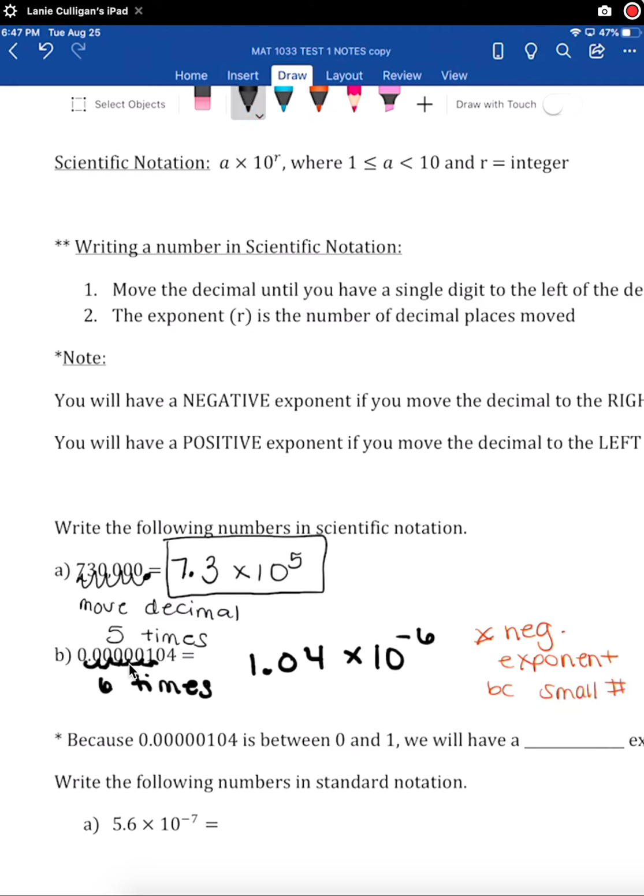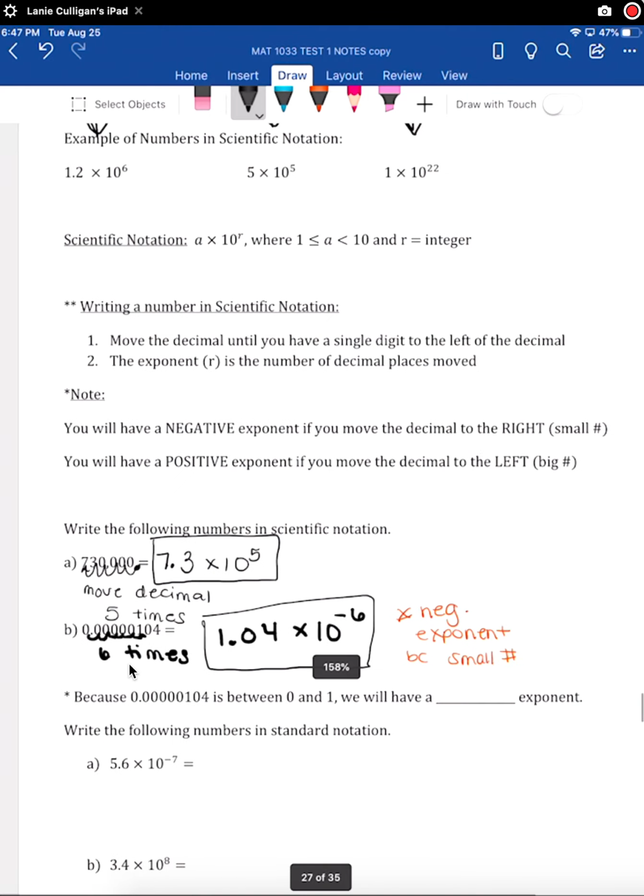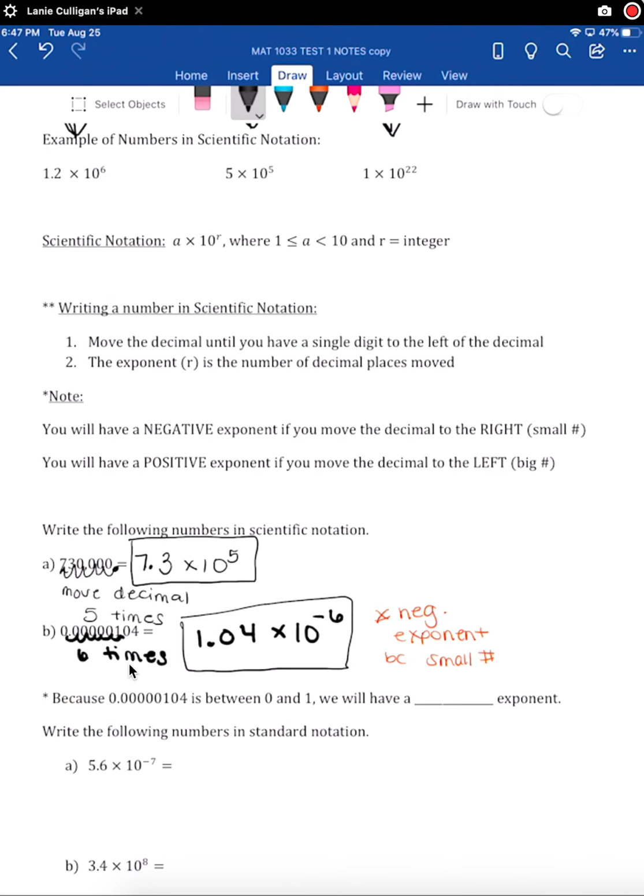And that'll be my final answer, 1.04 times 10 to the negative 6th power. So again, because 0.000104 is between 0 and 1, it's a really small number, we are going to have a negative exponent.